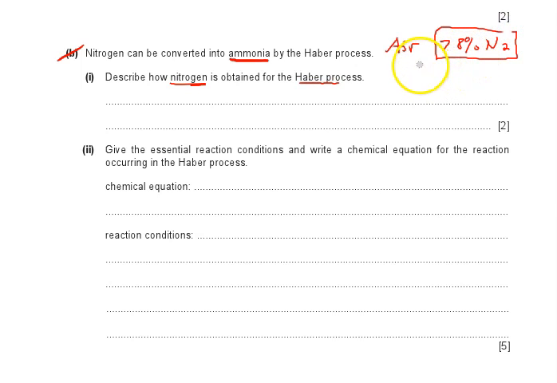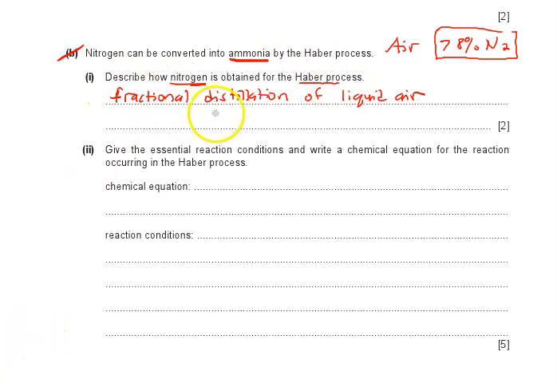Then from the liquid they will do fractional distillation to obtain pure liquid nitrogen. So this is my answer here: fractional distillation of liquid air. It will be separated by different boiling points compared to the other gases.